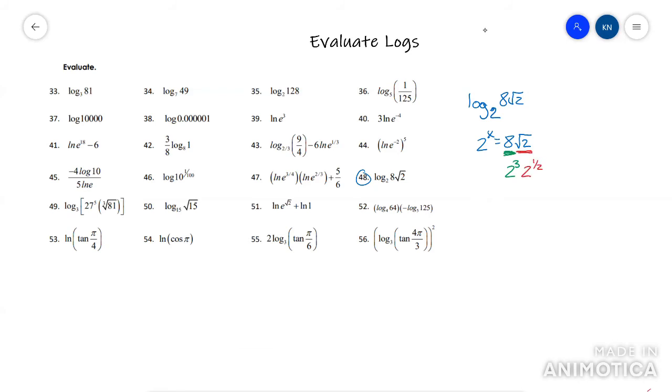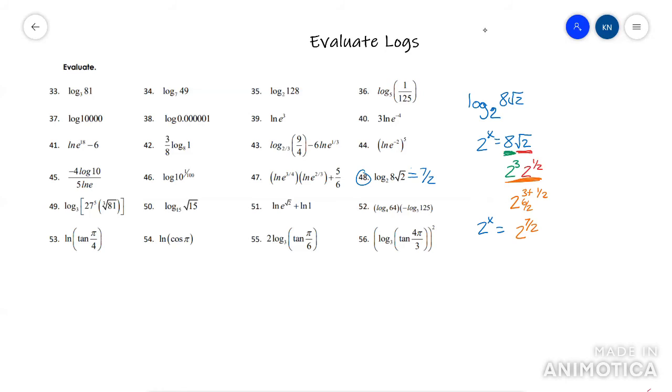So when you combine both of these, you get 2 to the 3 plus 1/2. Well, 3 plus 1/2 is really like 6 halves plus 1/2. It's 7 halves. So when it's all said and done, you had 2 to the x equals 2 to the 7 halves. So when you evaluate it, it's 7 halves. It's kind of a tricky one when they throw some roots in there like that.